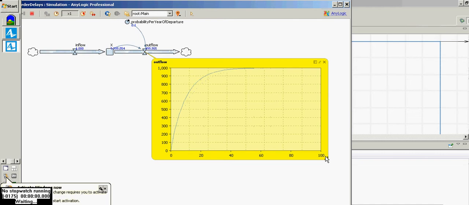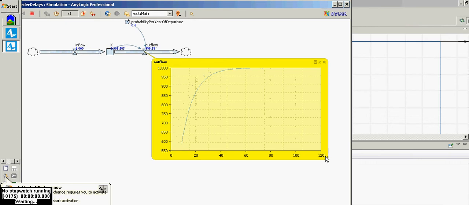Very few people are leaving, lots are coming in, so it goes up quickly. And then over time, as this value rises, there's more and more people leaving. More and more people are going out.